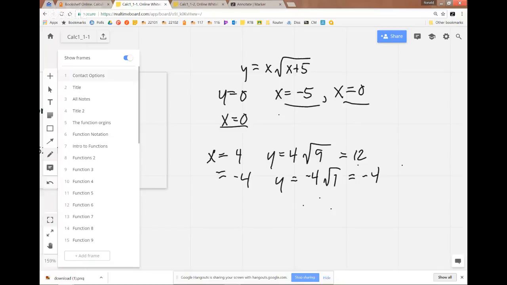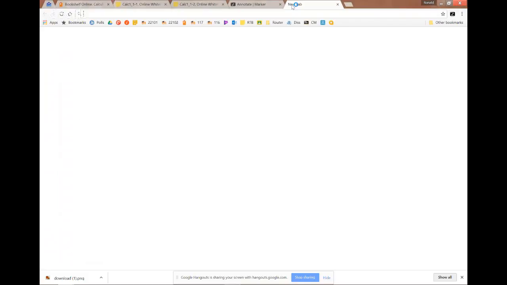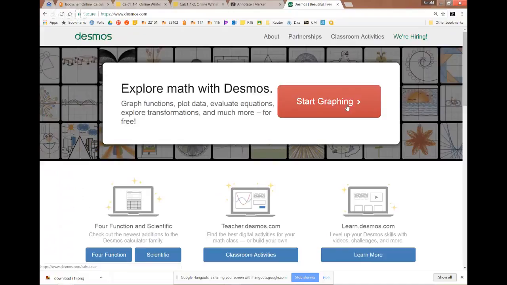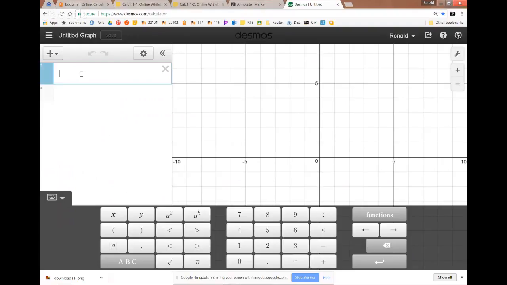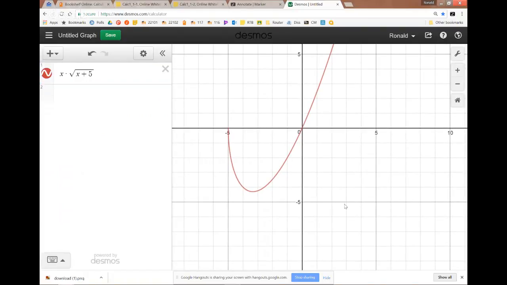Now we could check a graph here. Let me just quickly do that. We'll look up Desmos, which is what I'm going to suggest to most of you. Then we can type in our function, and we can see why we didn't have symmetry either way.